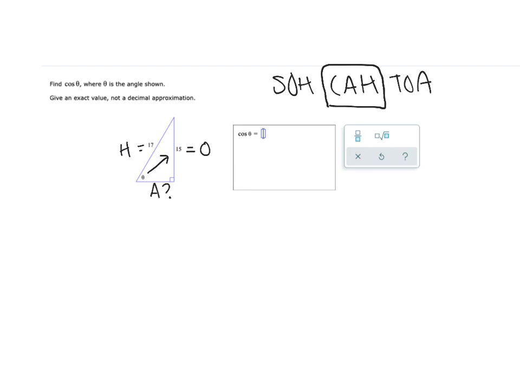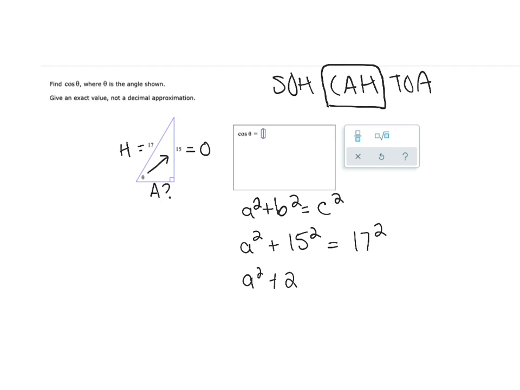So first, you're going to have to do the Pythagorean theorem, a squared plus b squared equals c squared, in order to find that side. We're just going to leave it called a squared because we don't know what it is, plus the b is the 15 because it's the other side, is equal to c, remember, stands for the hypotenuse. So you got 17 squared. So 15 squared is 225.